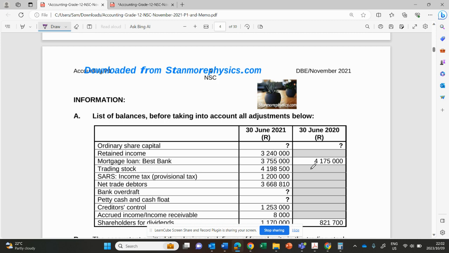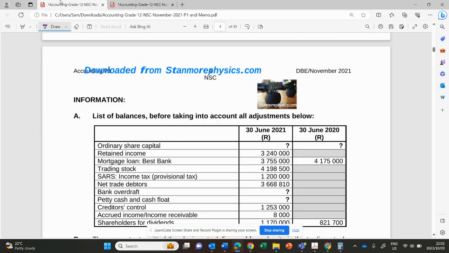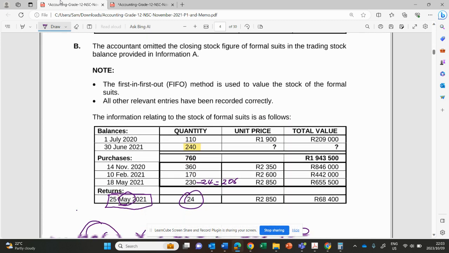So you're not given the balance at the beginning, we're given the balance at the end. It is given in the answer book. Then now let's go to the information about the shares and the dividends.